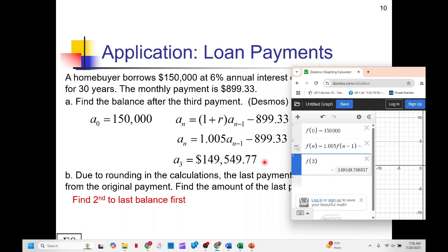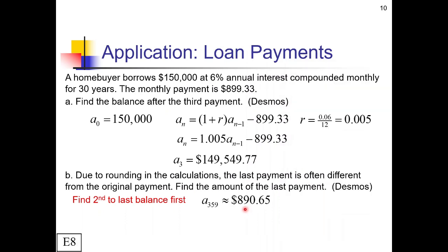Now this would be incredibly obnoxious to do without this graphing utility here. Just doing this by hand, this is like 360 different lines of this stuff. But the calculator, 359, just does it just like that, like it's nothing. So this is $890.65.